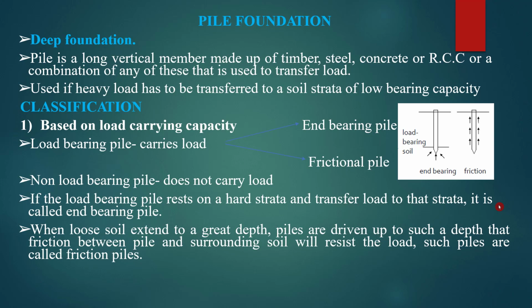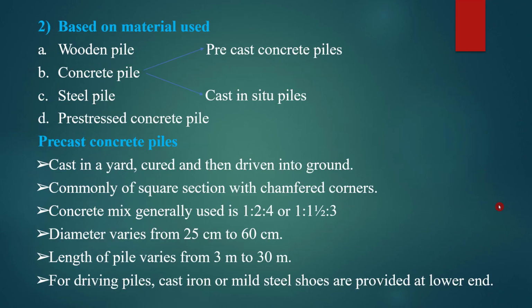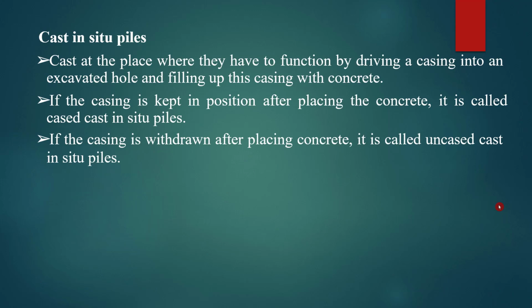The pile can be made of concrete, steel, timber, or whatever material is suitable. So the materials used can be wooden, concrete pile, steel pile, pre-stressed, and so on. The piles can be either cast in situ or precast.